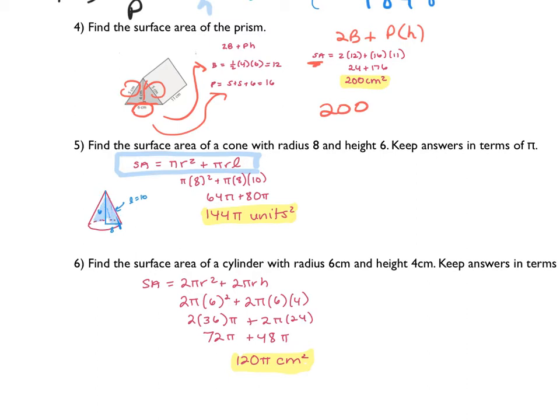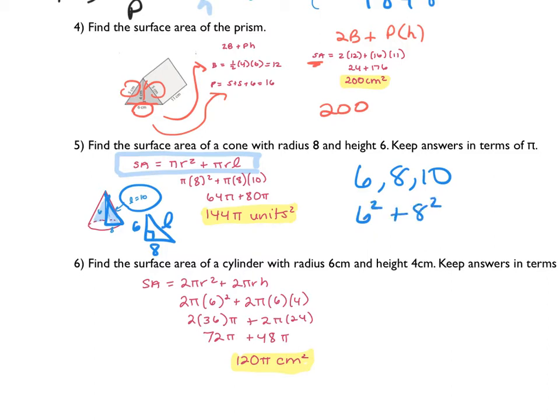So for this one, they gave us the radius, they gave us the height. Again, we needed to turn it into a right triangle here because we needed the L, the slant height. So 6 was the height, 8 was the radius, and now I can find the slant height. Again, if you know your triples, a 6, 8, 10. If not, you do Pythagorean theorem.